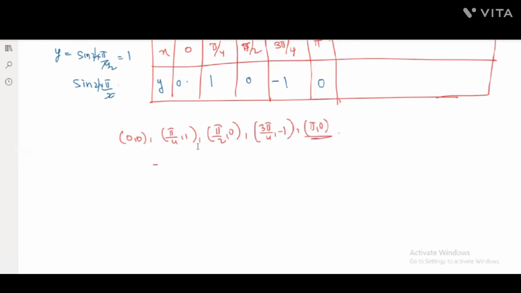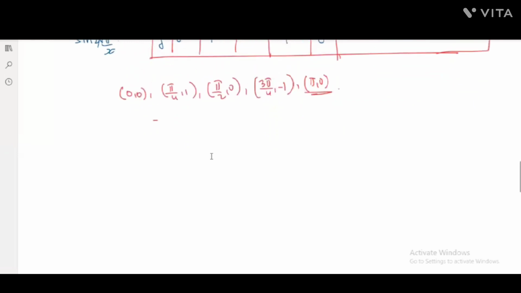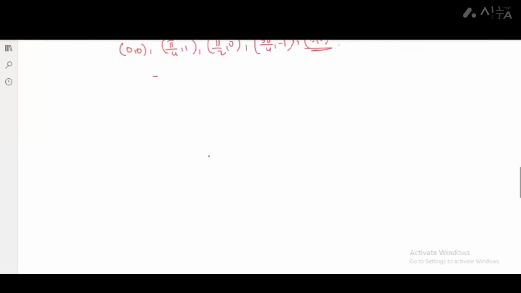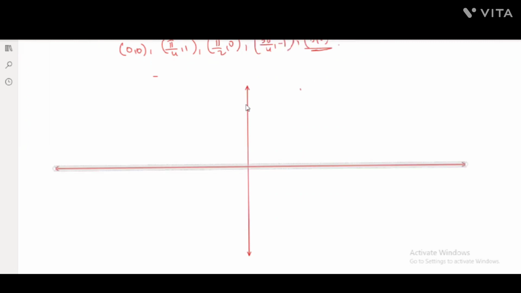If you see the graph for this, this is the y-axis and this is the x-axis. Take y, O, y dash, x, O, x dash. The intervals I took here are 0, pi by 4, pi by 2, 3 pi by 4 and pi.